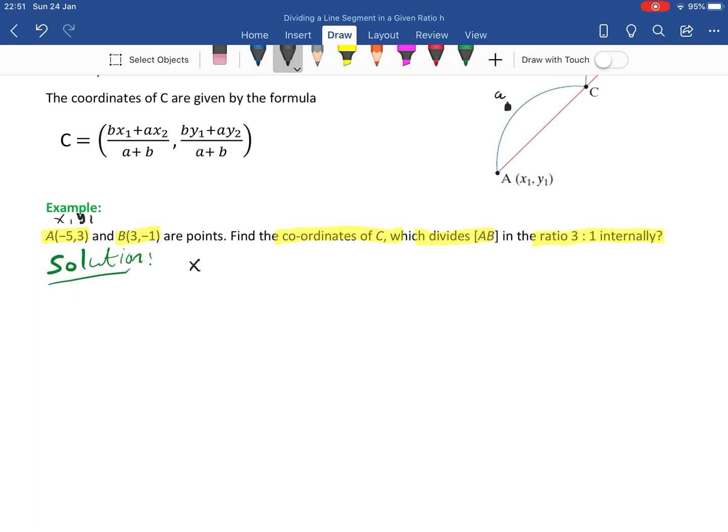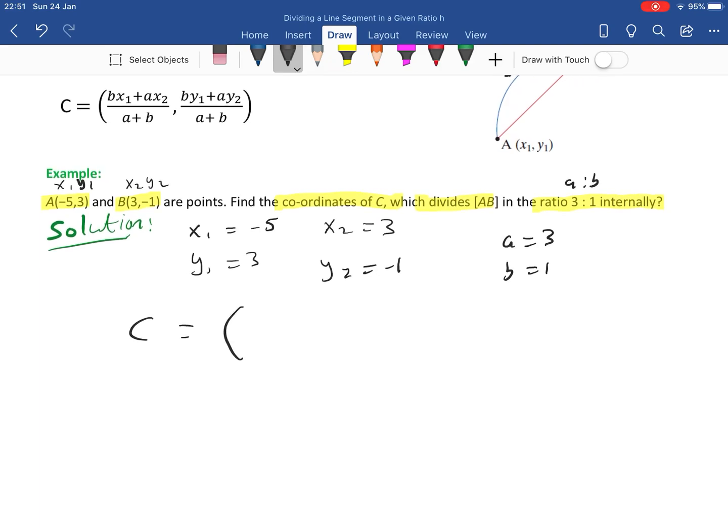So this is x1, y1: x1 is equal to minus 5, y1 is equal to 3. This is your x2, y2: x2 is equal to 3, y2 is equal to minus 1. The ratio is 3:1, so A is 3 and B is 1.